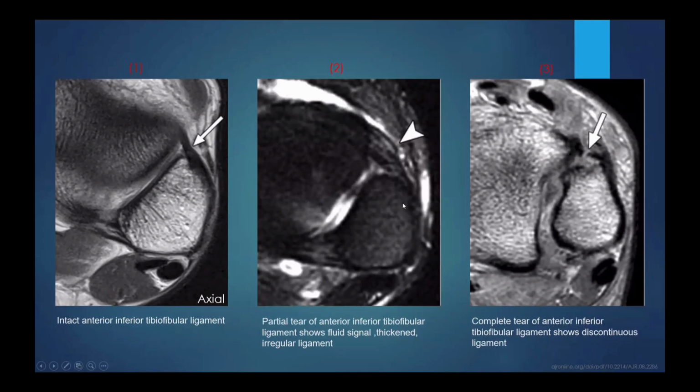The second image, we can see partial tear of anterior tibiofibular ligament, which shows a fluid signal and thickening and also irregularity of the ligament. The third image demonstrates discontinuity of the anterior tibiofibular ligament at the same level and indicating complete tear of anterior inferior tibiofibular ligament.